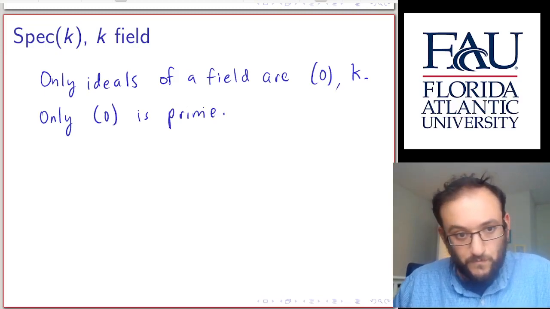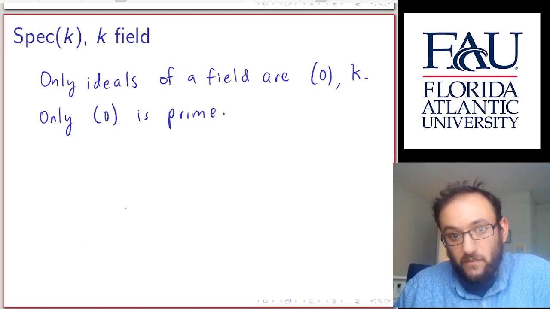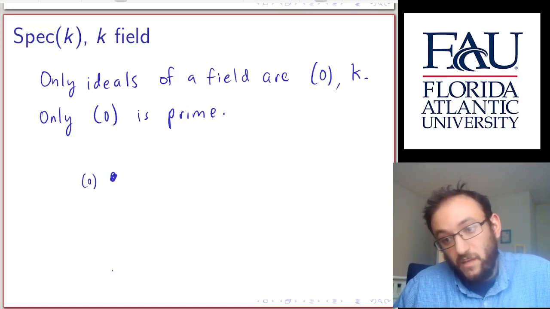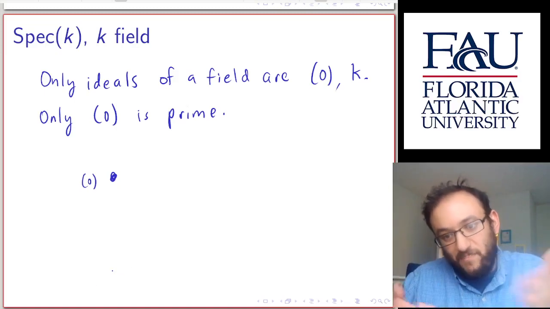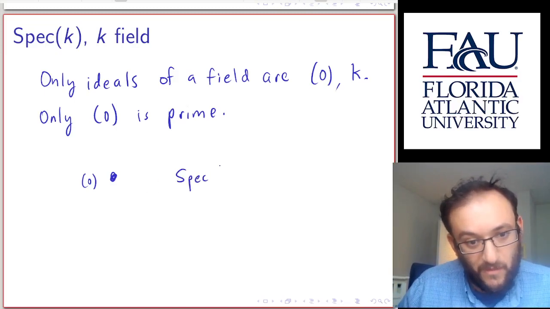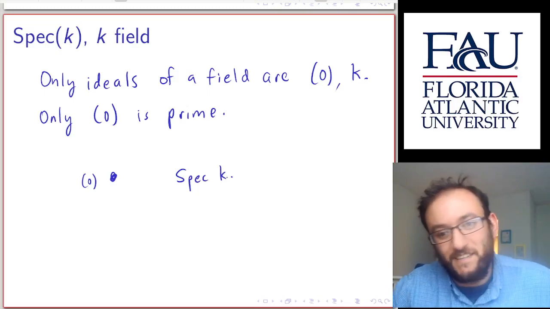So Spec of k is just a single point, and the topology is the empty set and the point. Okay, so this is our Spec k. This is the simplest Spec you could have.